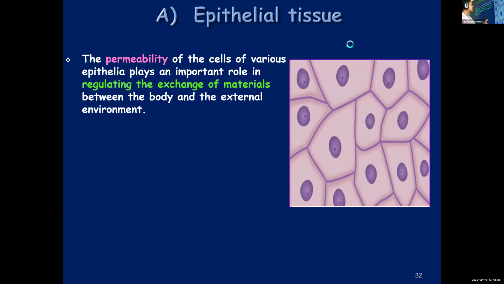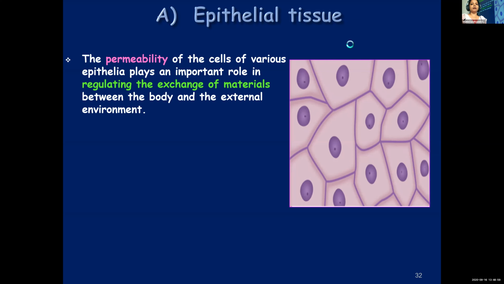So the cells of epithelial tissue, you know, are covering your internal organs and your entire body. So if some substances need to enter your body from outside, they have to pass through the epithelial cells. Since they are covering your body and internal organs, lining the cavities inside, anything entering your body from outside should be able to pass through these epithelial cells.